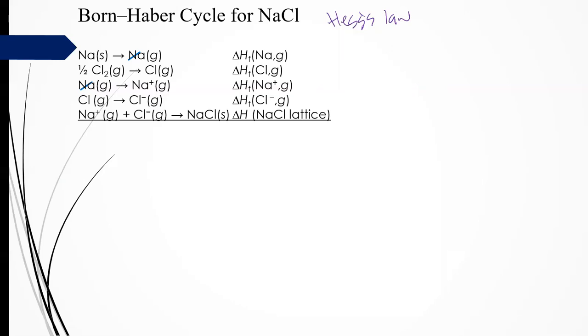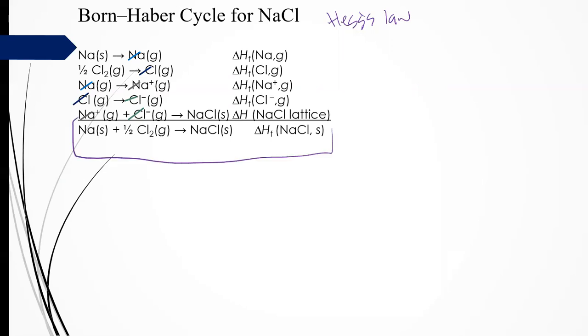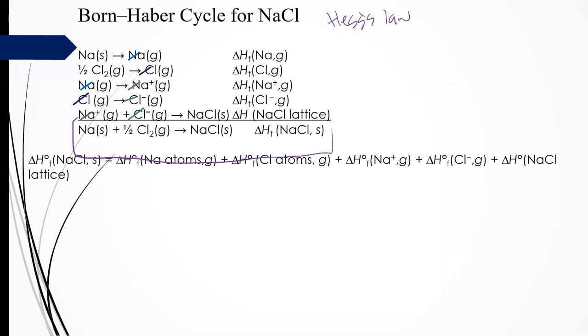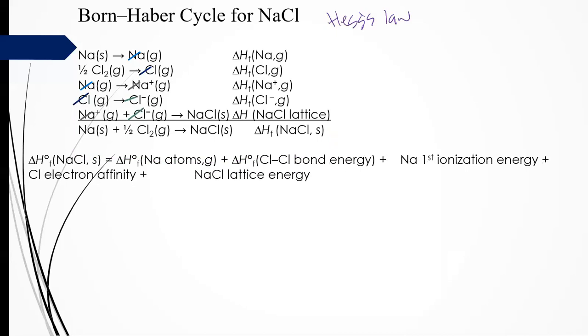So as you go through, we can start to cross out all of our different steps with our reactants and our products. And you can see how our heats of formation should add up to all of those other things that we've done. And so we should be able to find the energy of that delta H for our lattice.